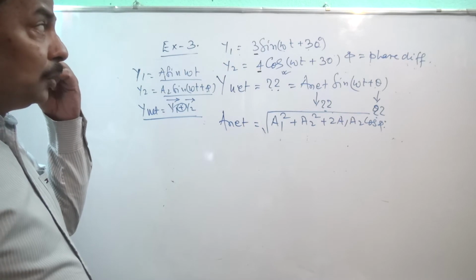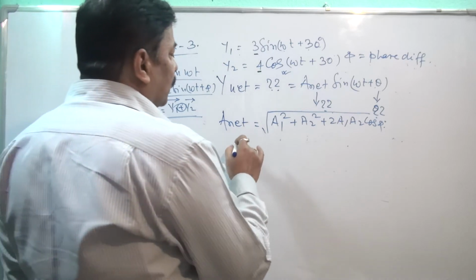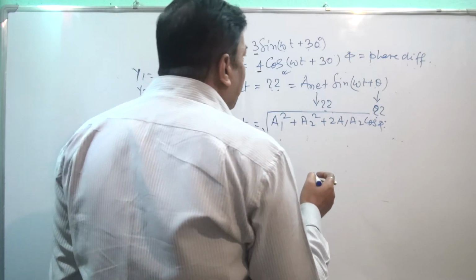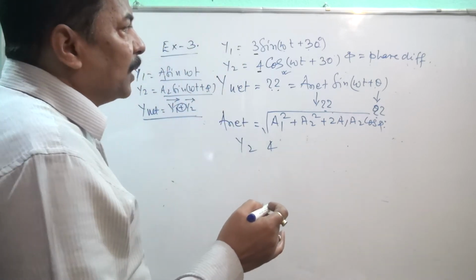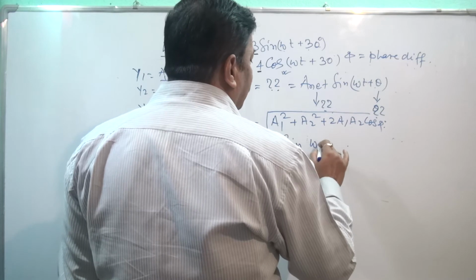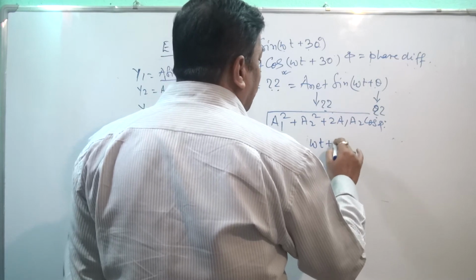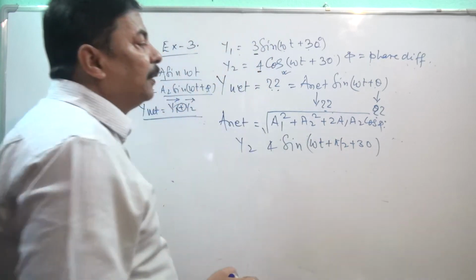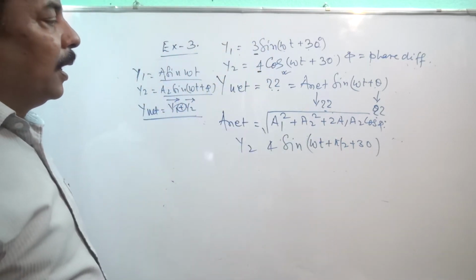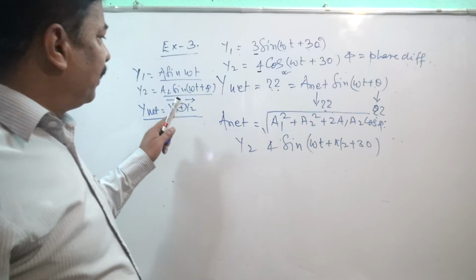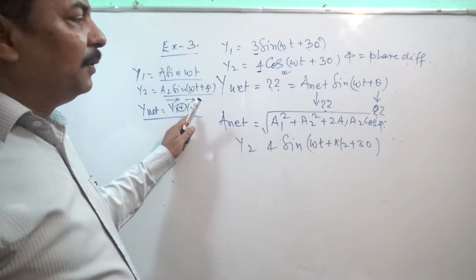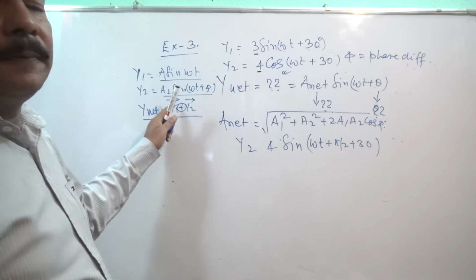So how can we do this? y2 is equal to 4 sine omega t plus pi by 2 plus 30. We can write it in this way. Why? Then only we will have a plus sign between y1 and y2, and then only we will get this format.